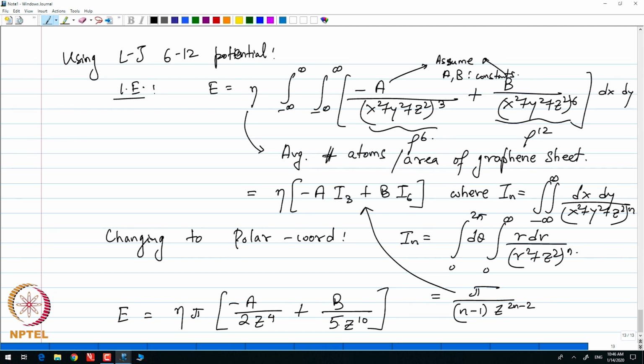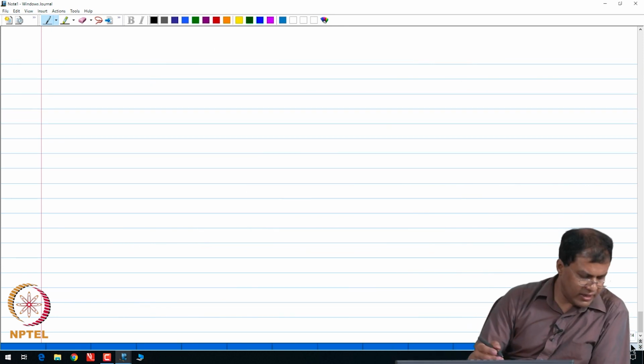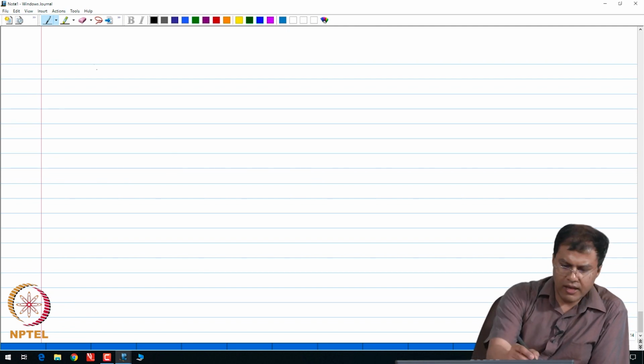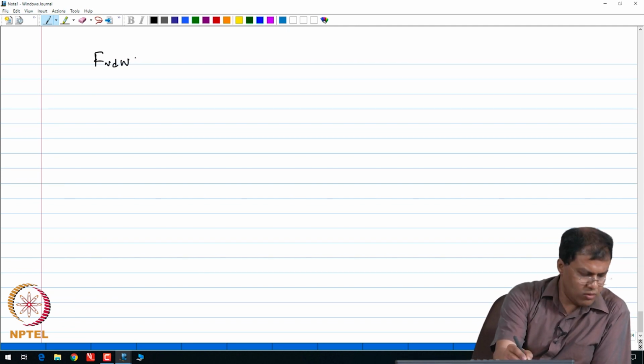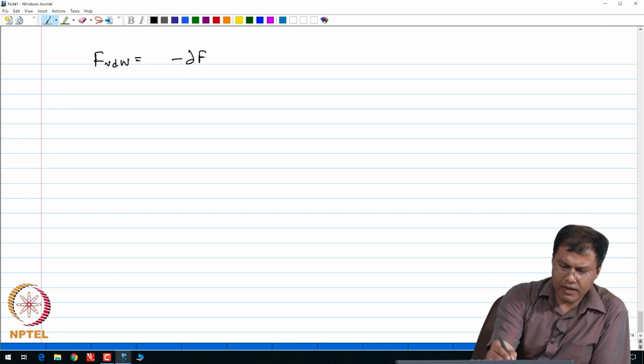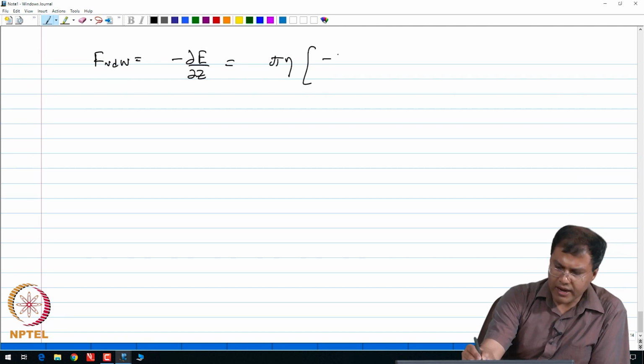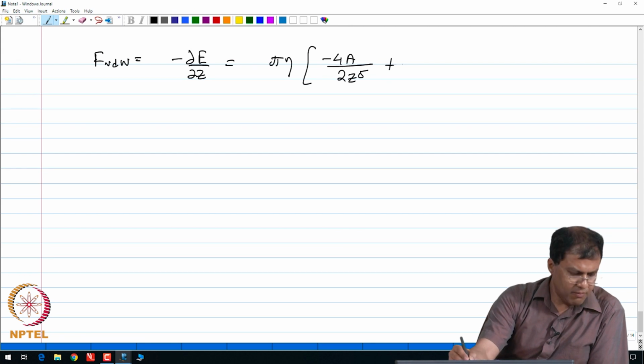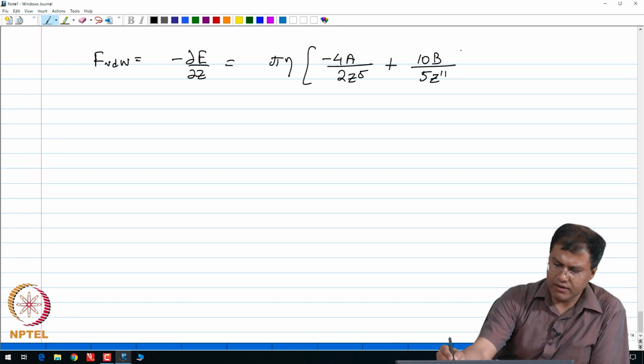So, from here I can calculate my van der Waals force. I need to differentiate with respect to z, the axial coordinate. So, my van der Waals force F vdW turns out to be minus partial E partial z, which is pi eta times minus 4 a by 2 z to the power 5 plus 10 b by 5 z to the power 11.